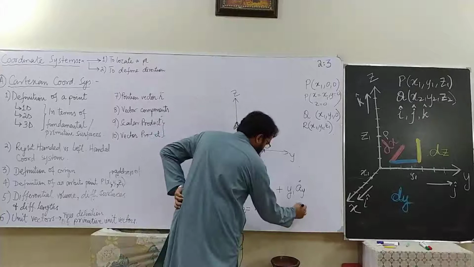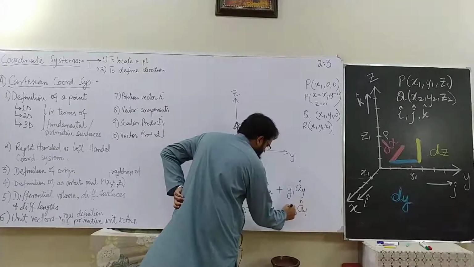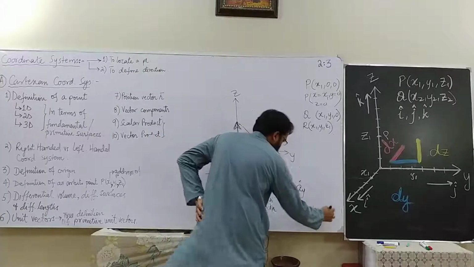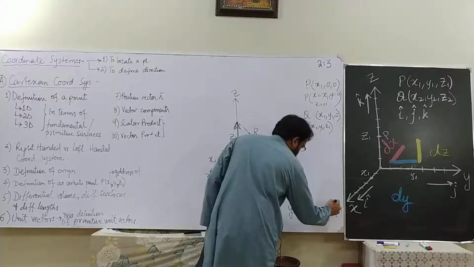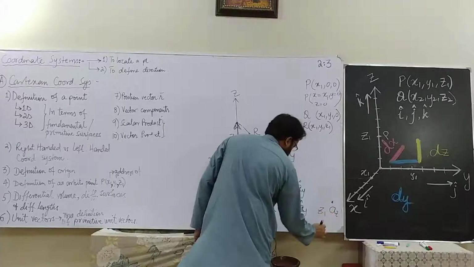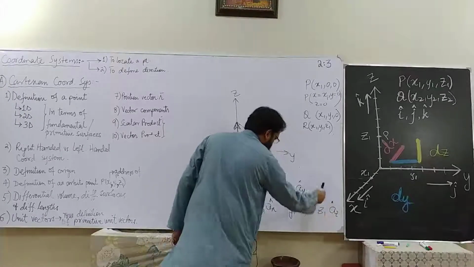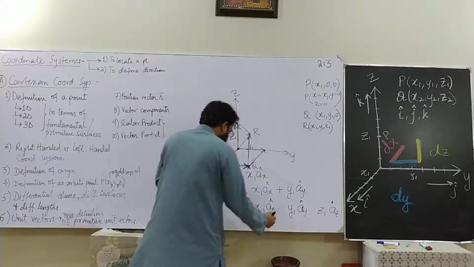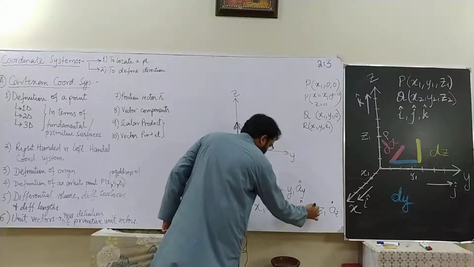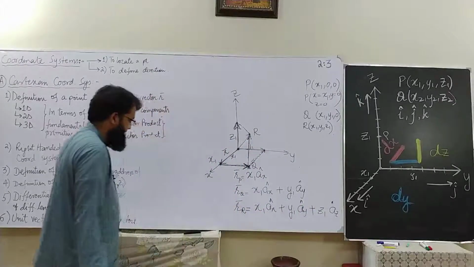Move in the direction of y, how many units? Y1 units. Move in the direction of z, how many units? Z1 units. Okay, and since each of these terms is a vector, add them together to get the resultant position vector.